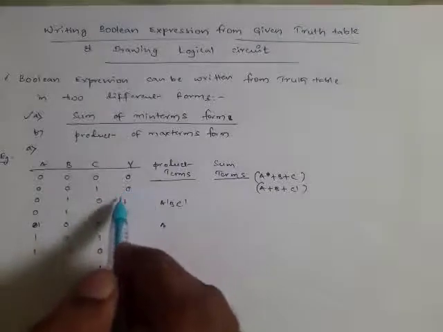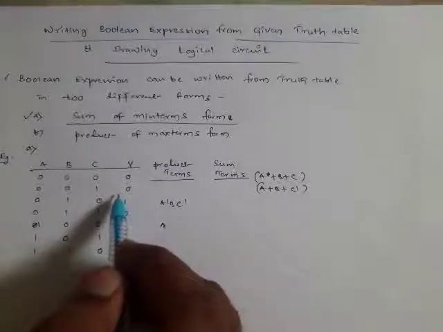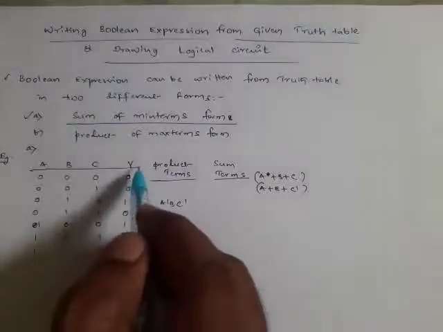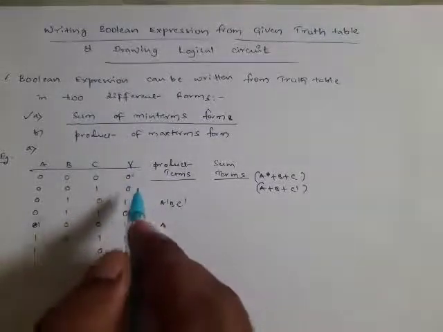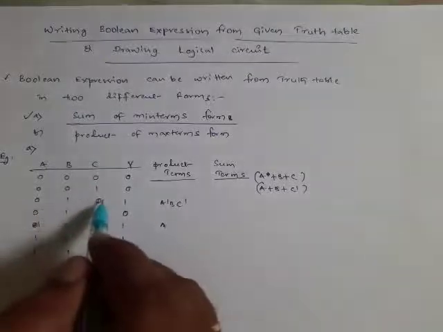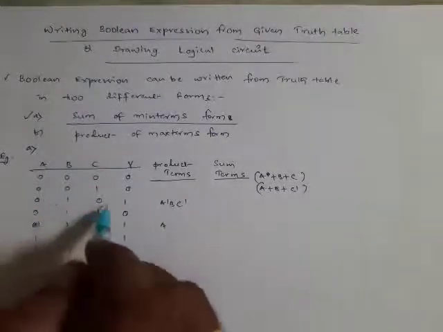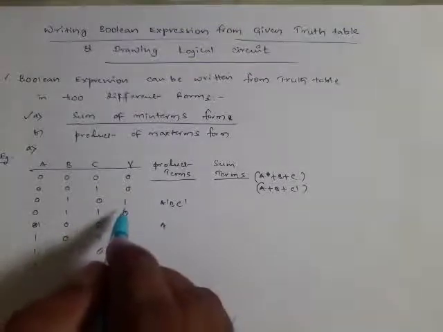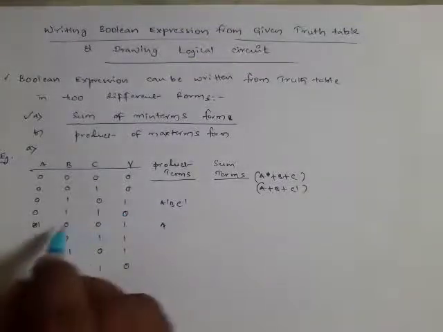To write the Boolean expression in sum of product terms form, you observe the input combinations for which the output function is equal to 1.